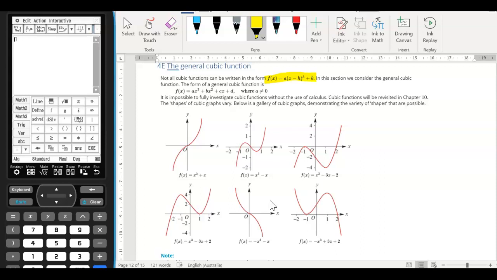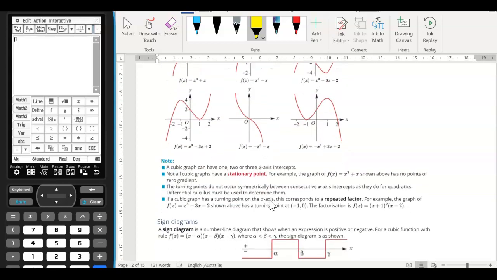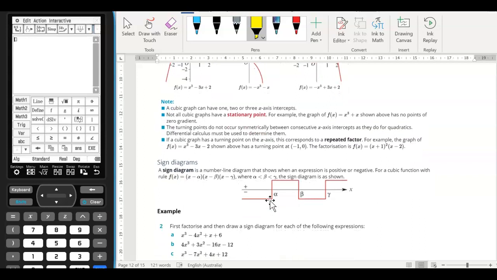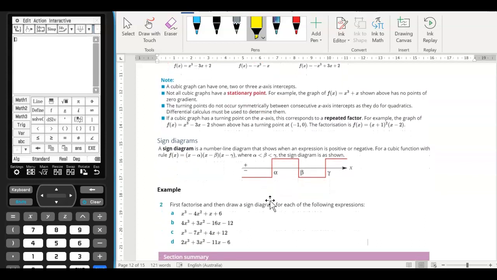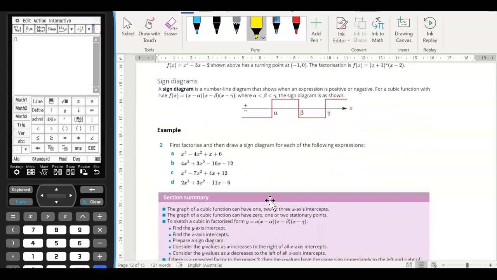Some of the theory behind cubics you've already covered. I'm just going to go through sign diagrams. Basically, your sign diagrams just tell you when you're below or above the x-axis.